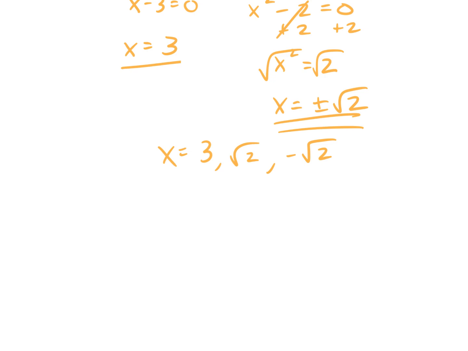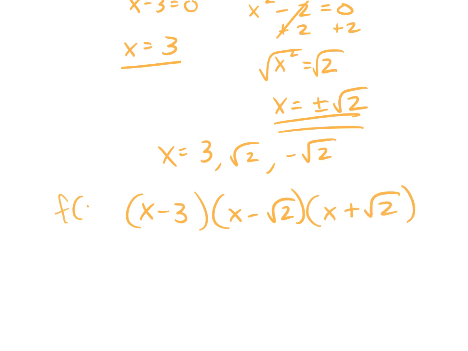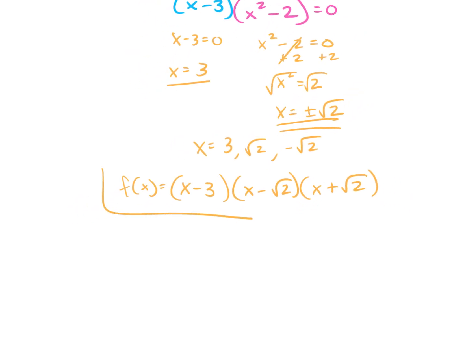Now, how would we write that in complete factorization? x minus 3, x minus square root 2, and x plus square root 2. Awesome. So this is our complete factorization. But what if the question said irreducible over the rationals?